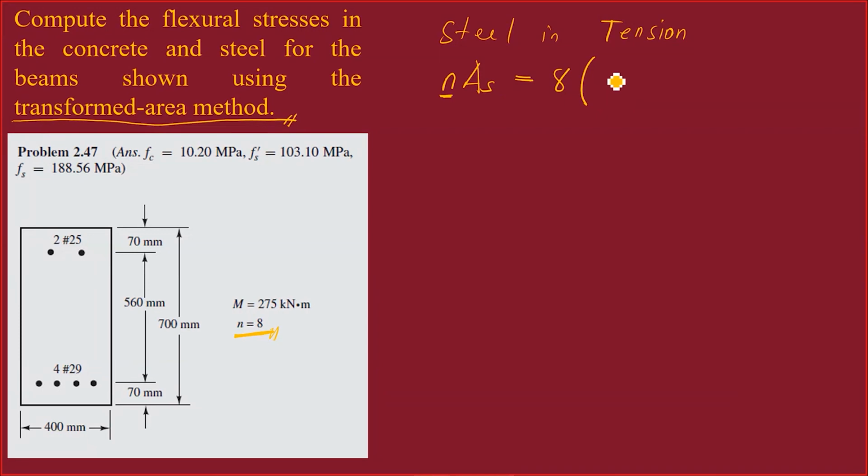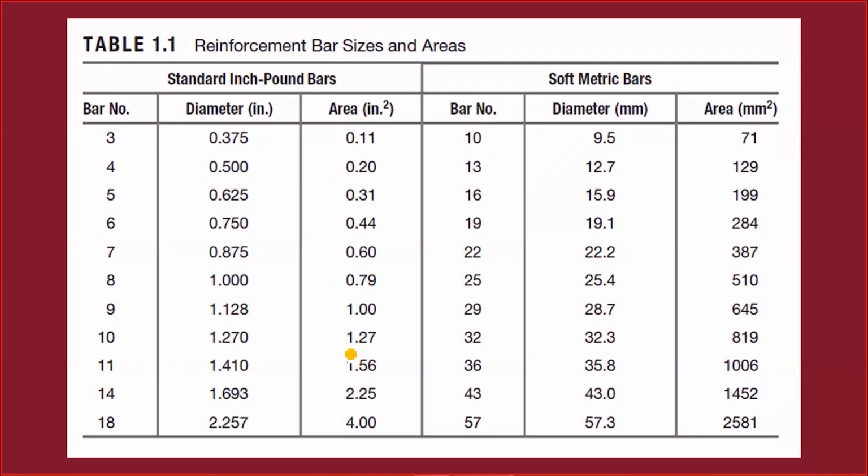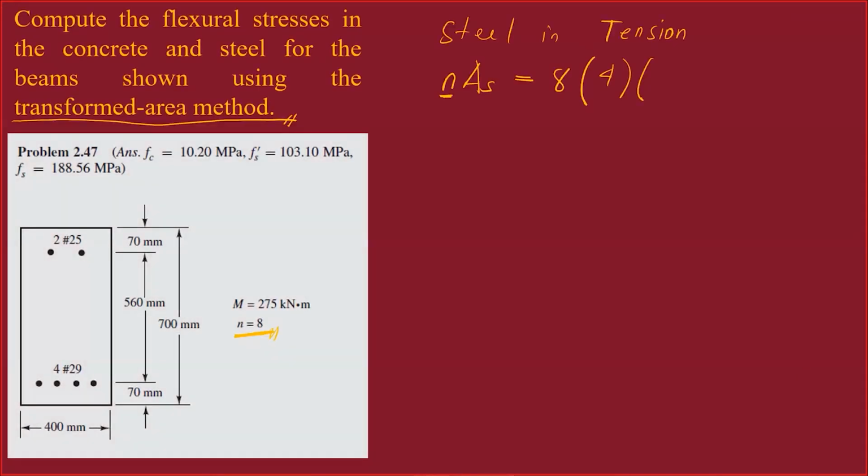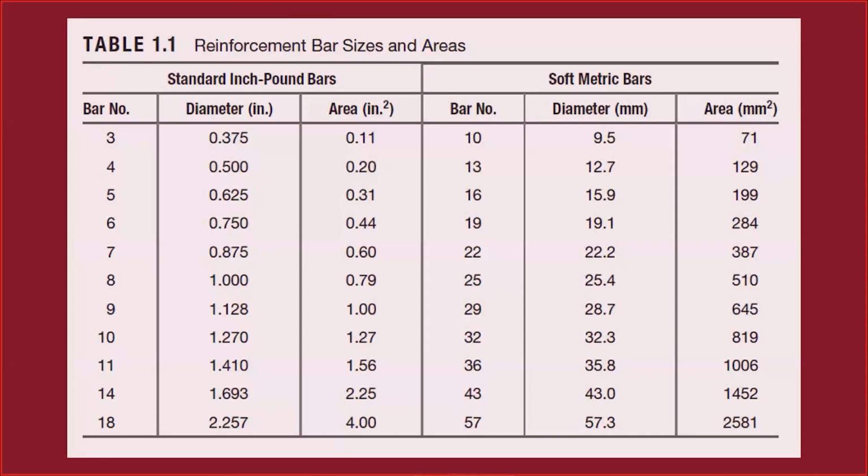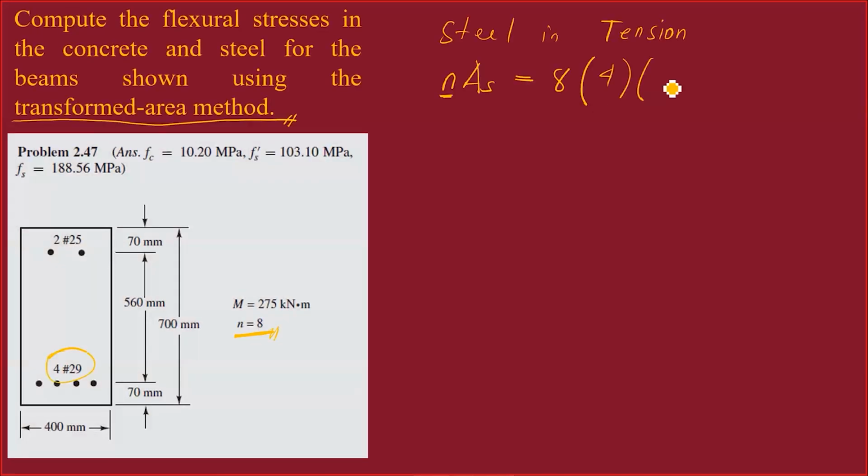That is four number 29 bars. The diameter of a number 29 bar is 28.7 mm, and the equivalent area is 645 mm squared.